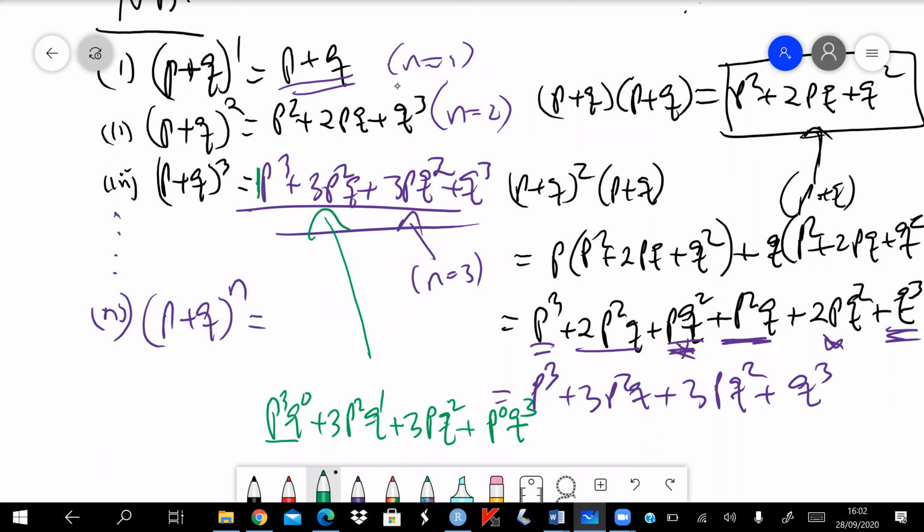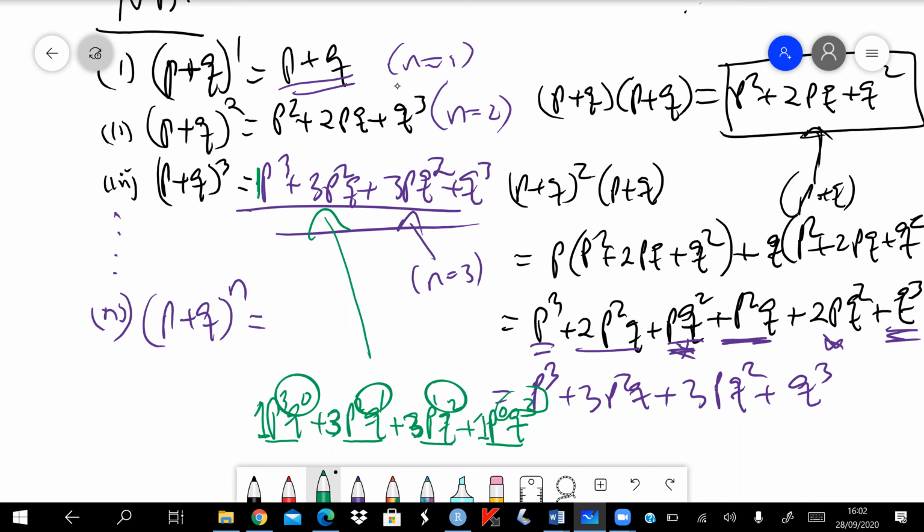I keep playing around with the powers in such a way that the powers always sum up to 3. Then there are some coefficients here, which will be changing from one power to another.